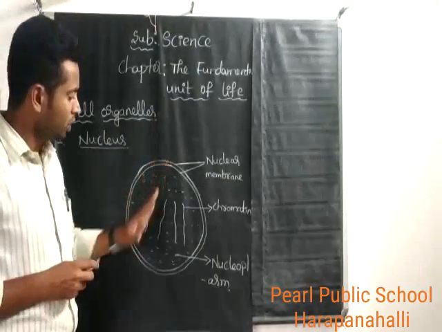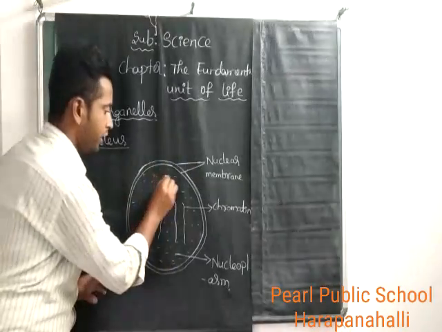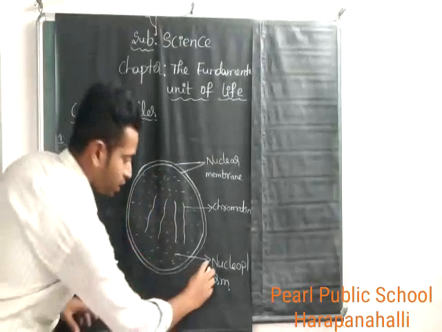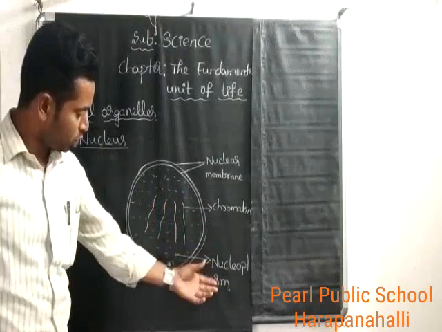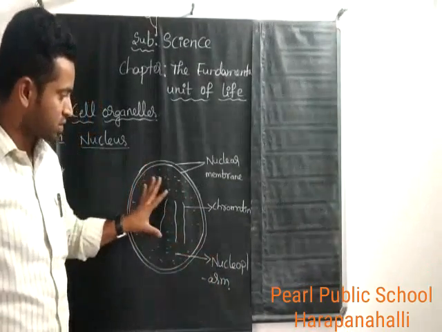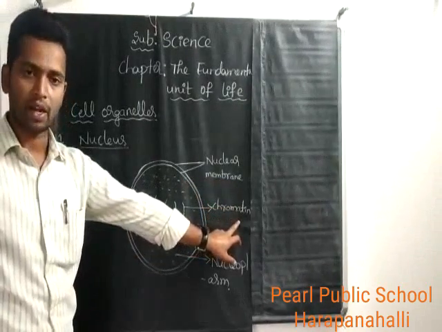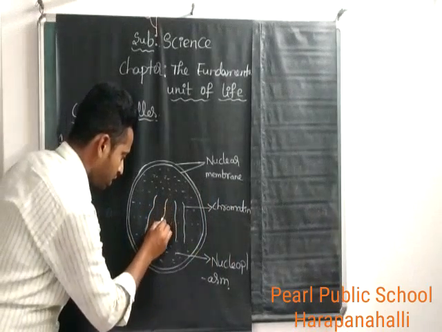Next, the nucleus has a fluid medium. That fluid medium is called the nucleoplasm. The nucleoplasm of the nucleus consists of thread-like structures called chromatin.